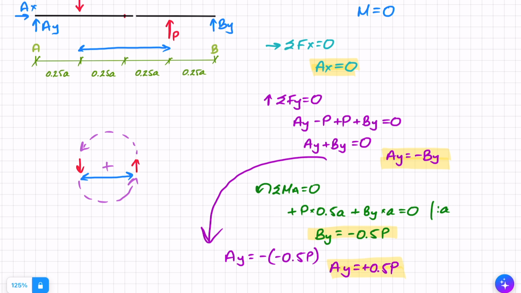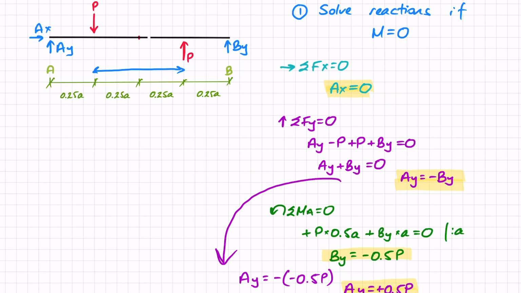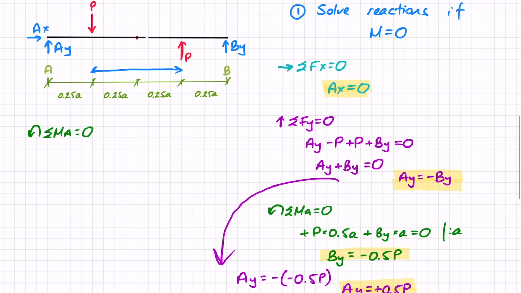Now, if you hadn't recognized that that was a coupled force, would you still have gotten the same results? Yes, you would. Let's have a look at that very last equation. If I just do the sum of moments around A equals 0, with this still being my positive direction, and this time I haven't recognized that this is a coupled force, so I'm just going to solve it force by force. Starting with that first P, it gives me a negative moment of P times 0.25a.